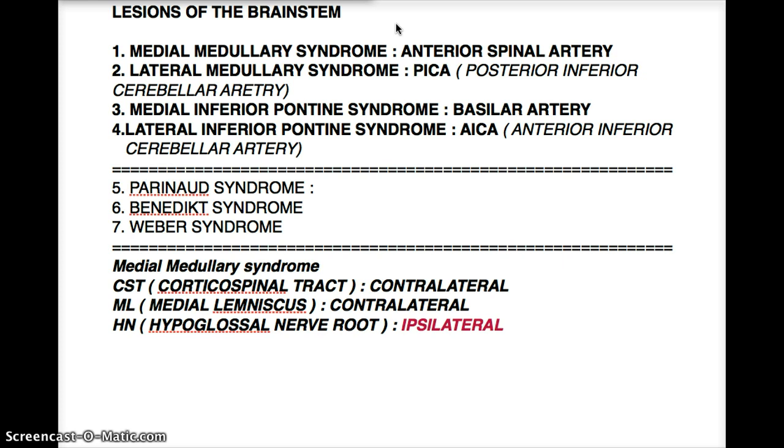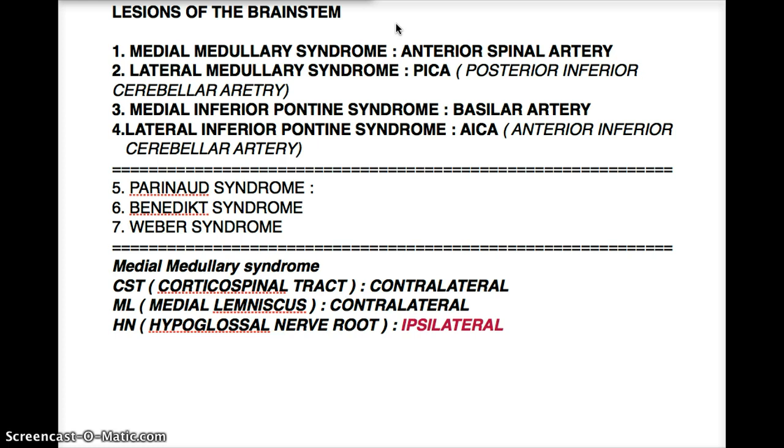Let's say they have a patient with oculomotor nerve palsy along with other symptoms of a lesion of the brainstem, we can instantly jump to the conclusion that the lesion is in the midbrain, because the oculomotor nucleus originates in the midbrain.